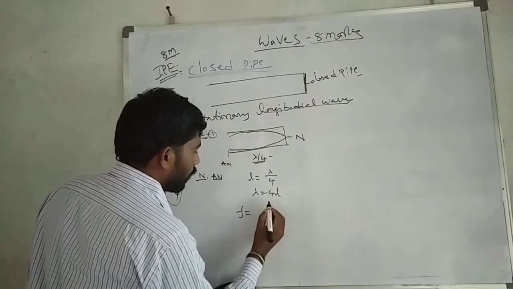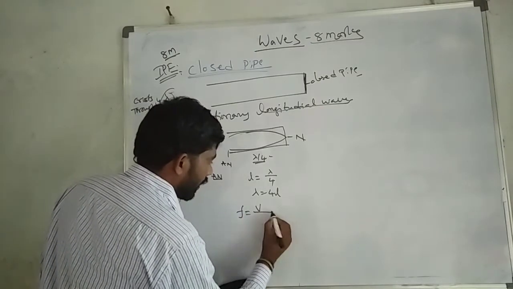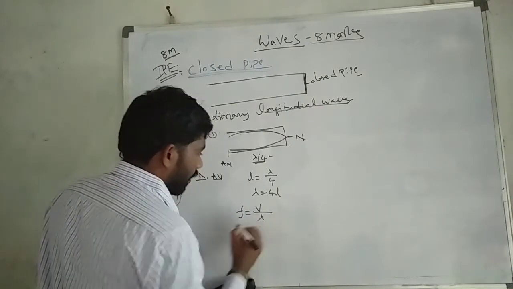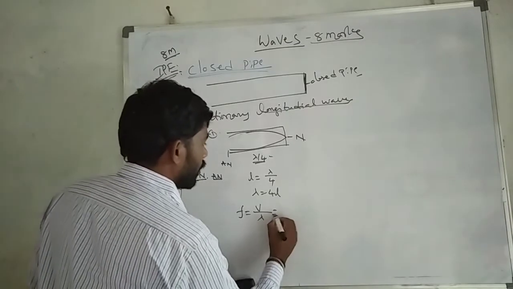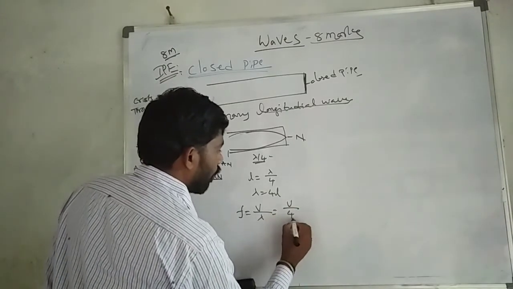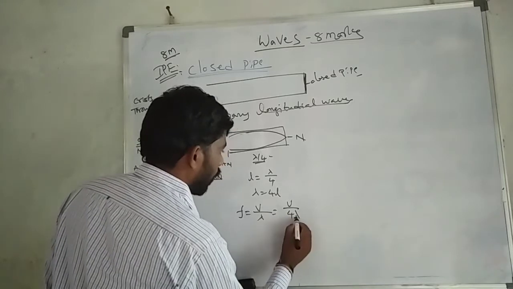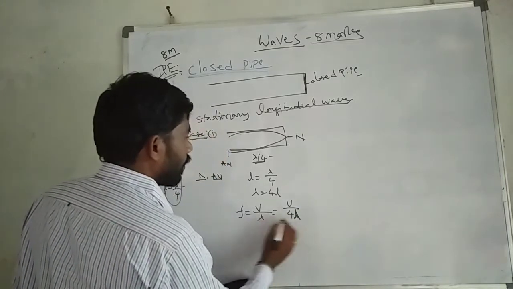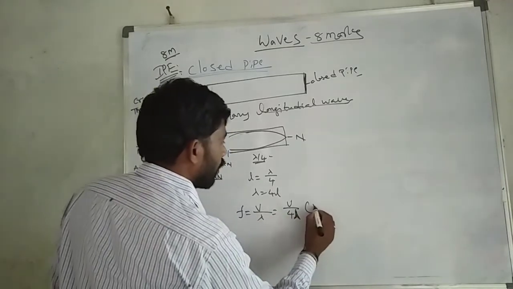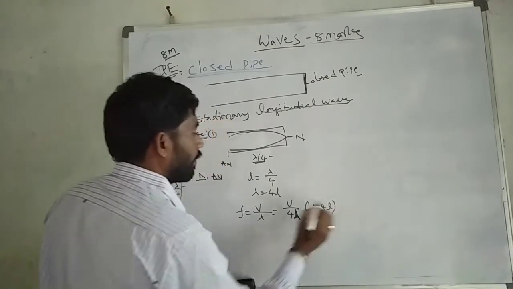Frequency F equals velocity by lambda, so this is V by 4L, because lambda equals 4L.